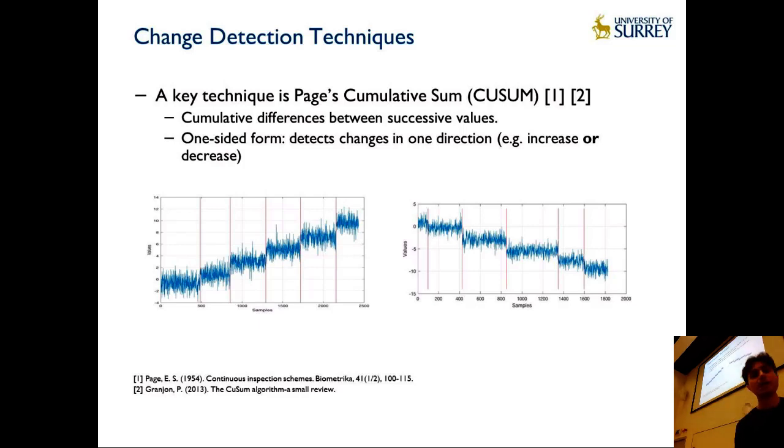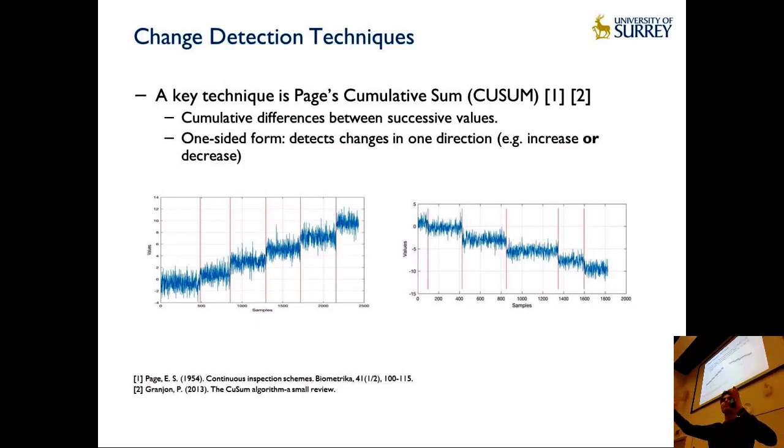Here, your windows keep being increased, and every time you have a new value, you calculate the mean and the standard deviation. And once your standard deviation goes over a threshold, you're assuming that's a change point. And then you start your window again.